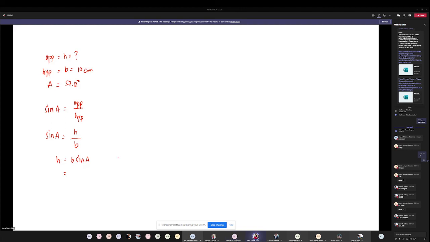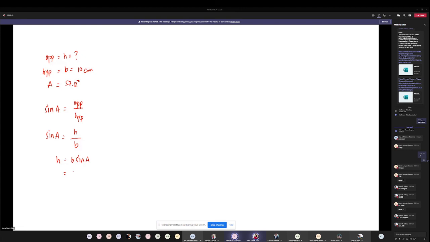If you put sine of A times B, with parentheses or the multiplication sign, maybe it will add confusion. Maybe you will multiply AB first before getting the sine. But the proper way to write it is to put the trig function after the non-trig function.